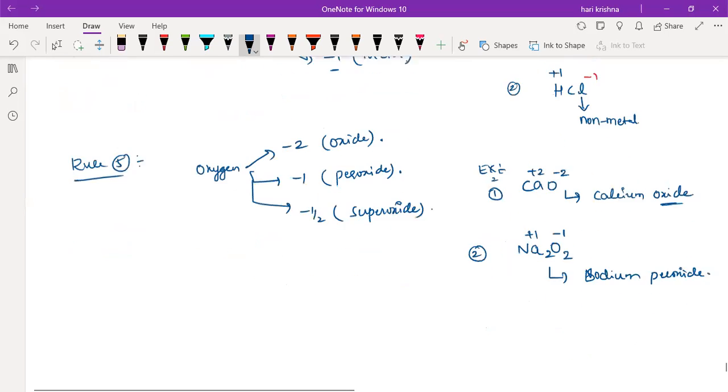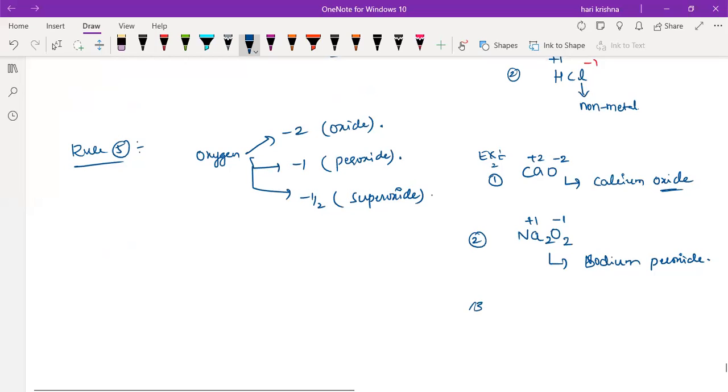The next one, KO2. Potassium belongs to which group?